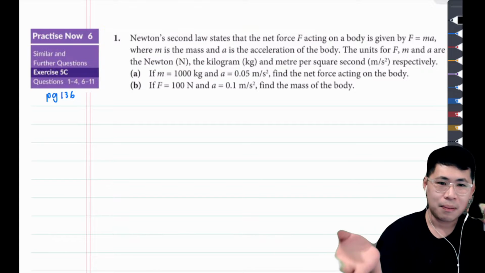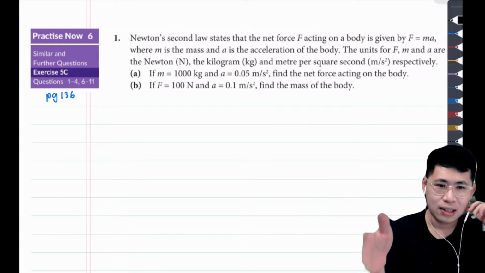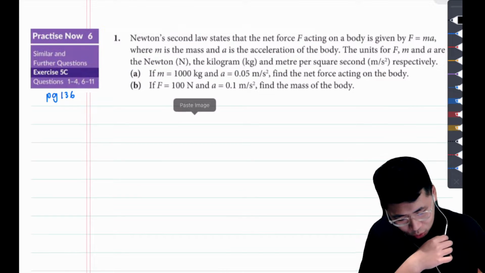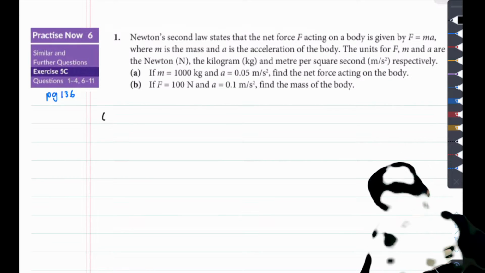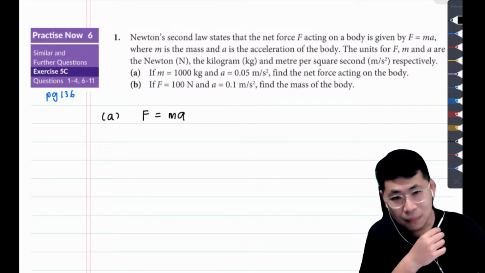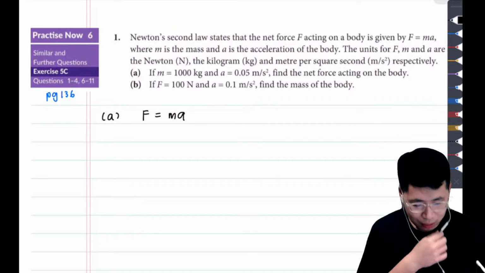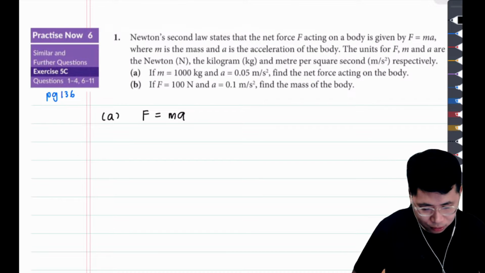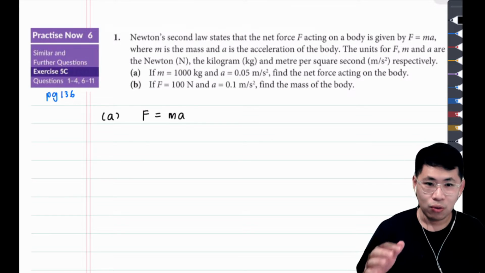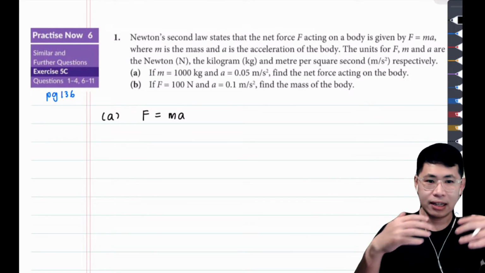Part a: if m is 1000, a is 0.05, find the net force acting on the body. We make use of the formula F equals ma. M is 1000, a is 0.05.